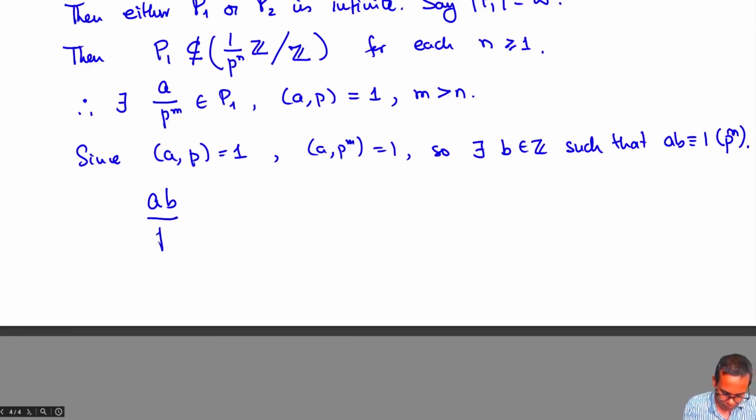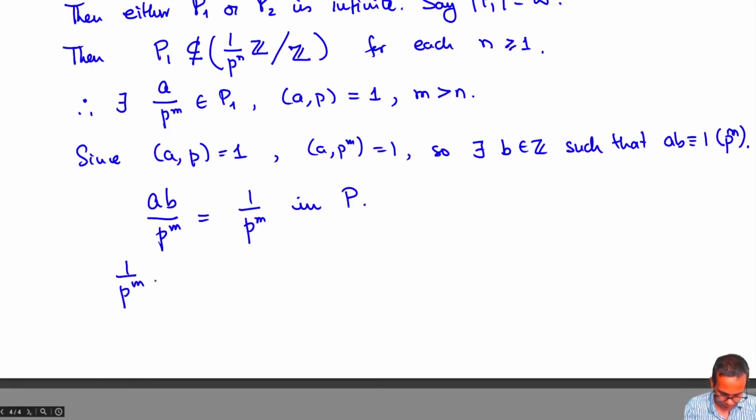So ab mod P to the m is going to be equal to 1 mod P to the m in the Prüfer group P. And so 1 mod P to the m belongs to this P1, which also implies that P1 contains 1 over P to the n Z mod Z.